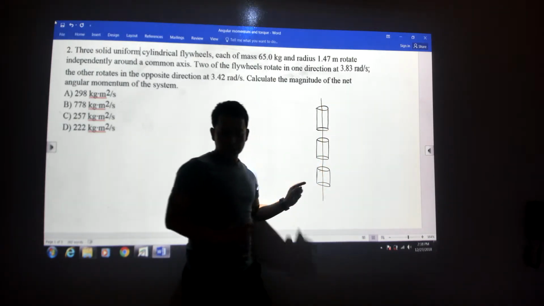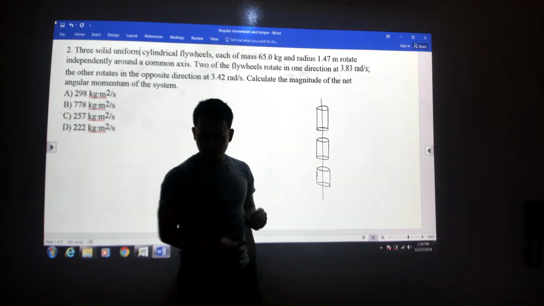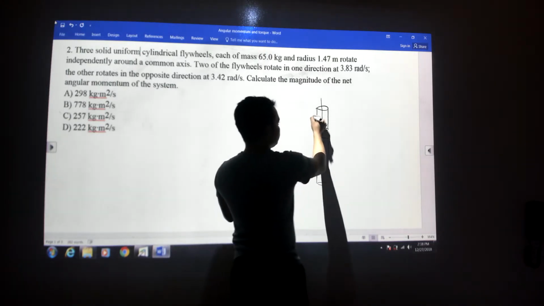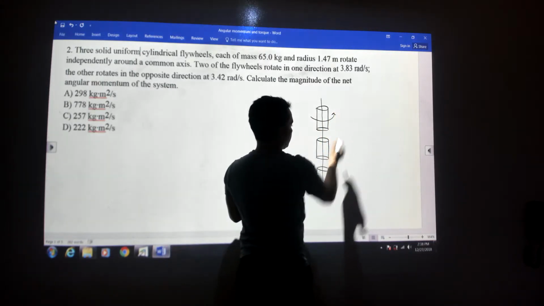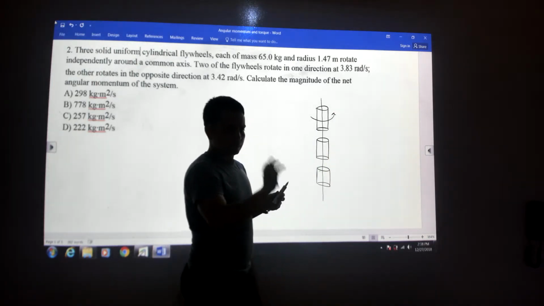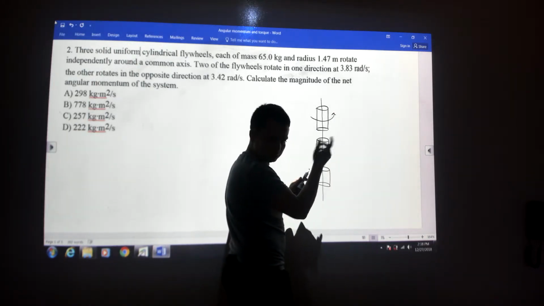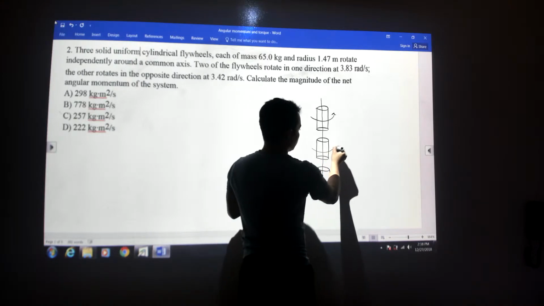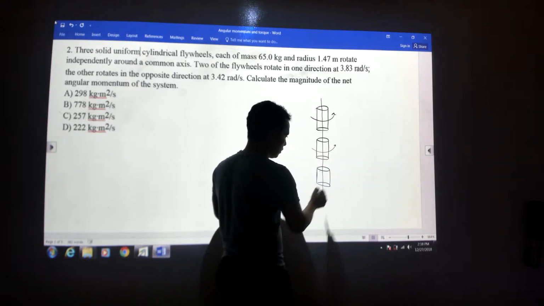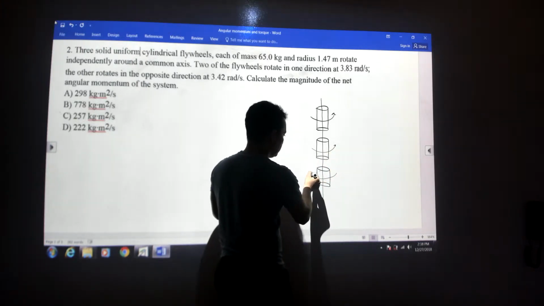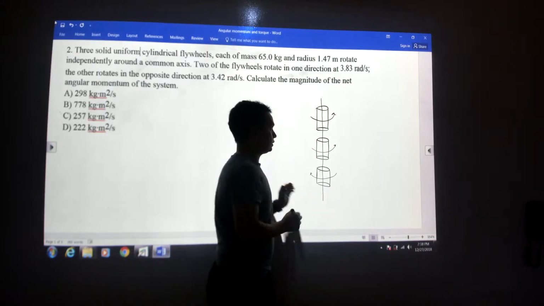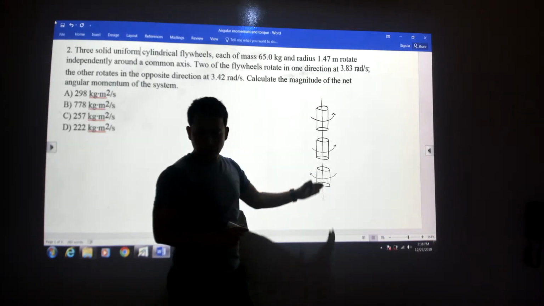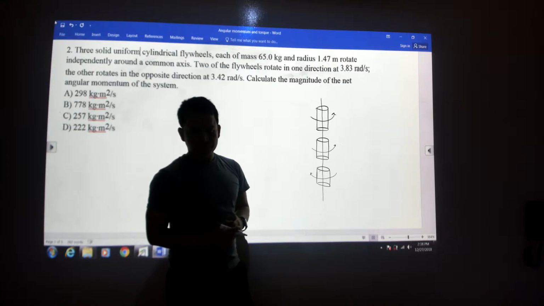And this is the axis of rotation. Let's say this rotates along this direction, which we call anti-clockwise, and let's say this rotates in the clockwise rotation, and all rotate about the same axis.